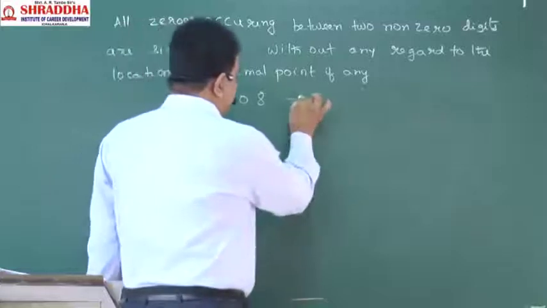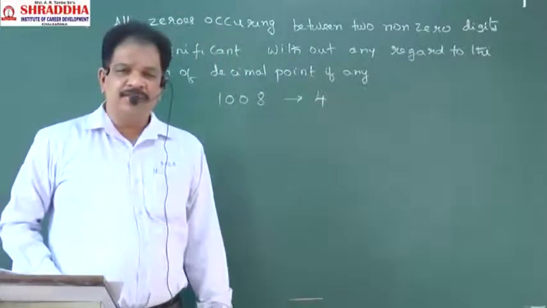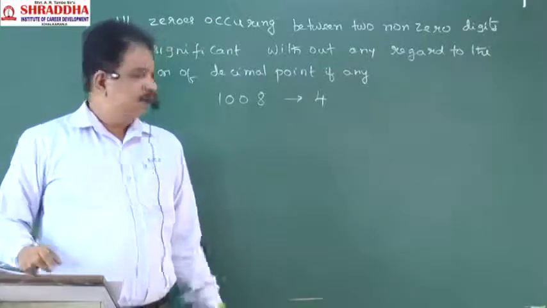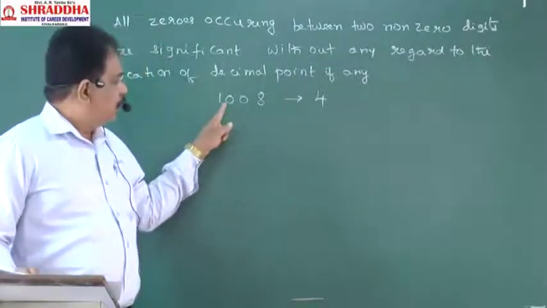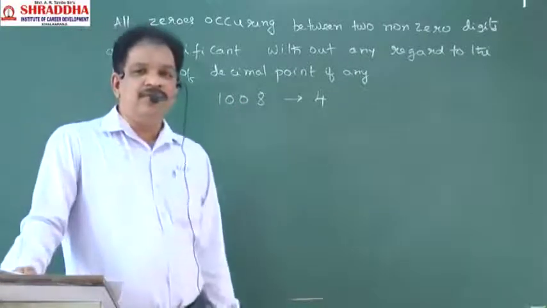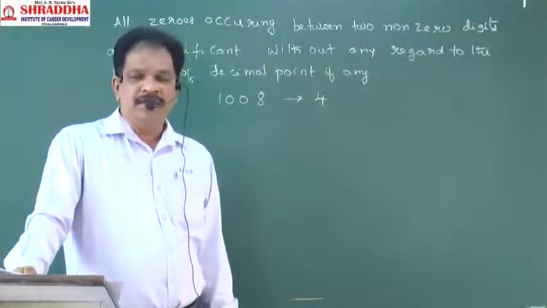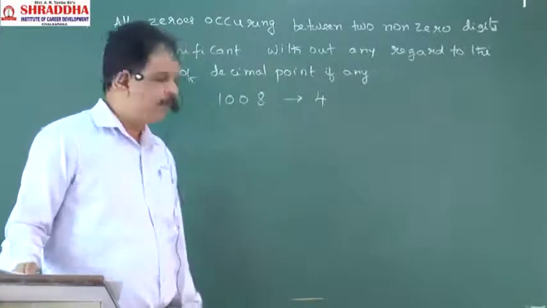This number has 4 significant figures. Is my point clear? Here these two zeros are in between two non-zero digits, so they will also be significant. Clear? Next.